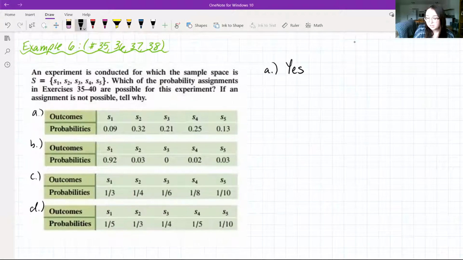If you did, you should get that yes, this probability assignment is possible.